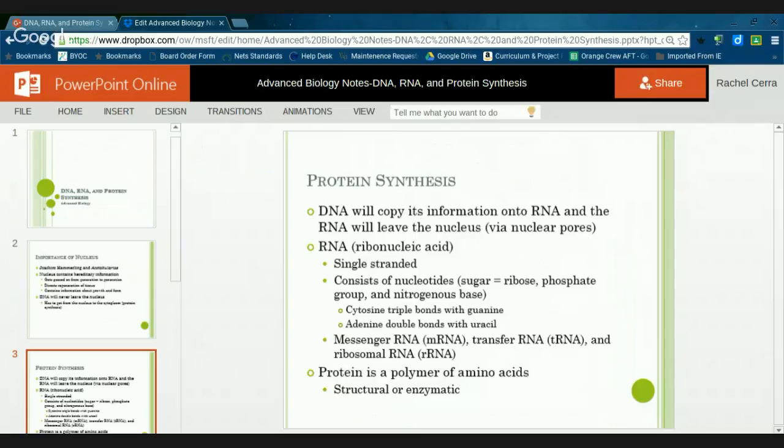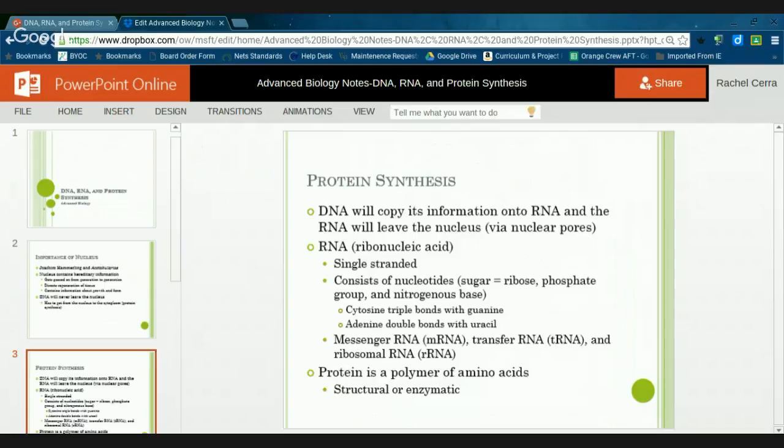In DNA, you've got deoxyribose, which is there on the left column, and then on the right column, you have RNA, or the ribose sugar. The only difference between those two sugars, as you can see, is one oxygen. Deoxy means without oxygen.